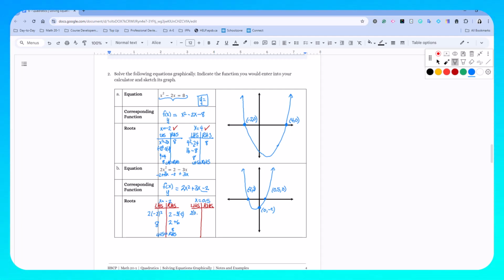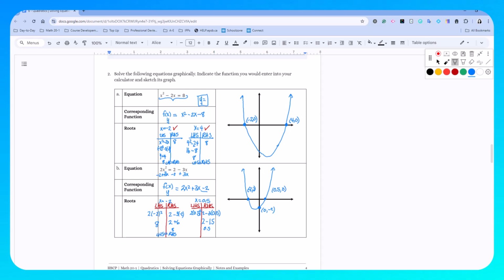And we're going to do the same with the 0.5. 2 times 0.5 squared equals 2 minus 3 times 0.5 here. Well, 3 times 0.5 is 1.5. In other words, 0.5 is a half, and a half of 3 is 1.5. So this gives 0.5 right here. 0.5 squared, well, that's actually going to be 0.25.